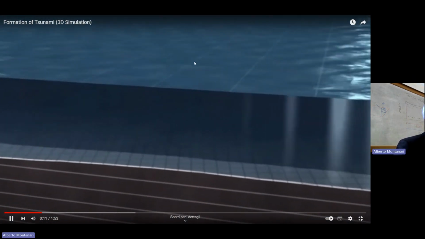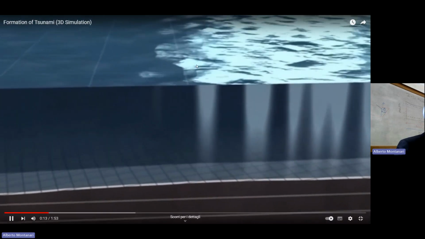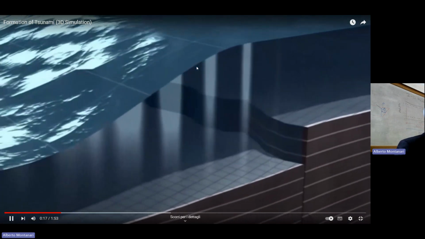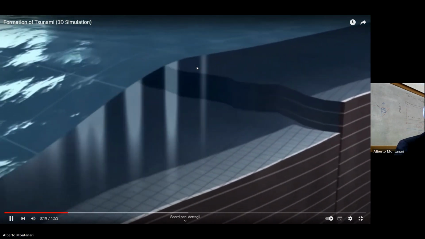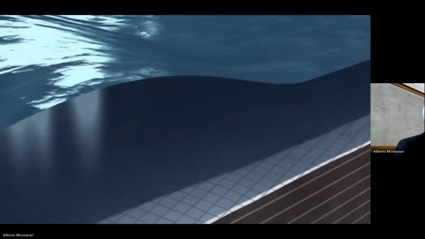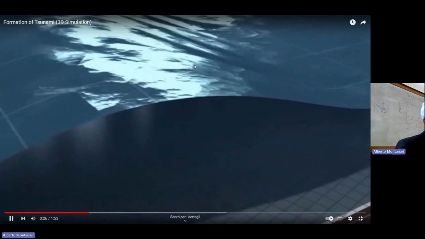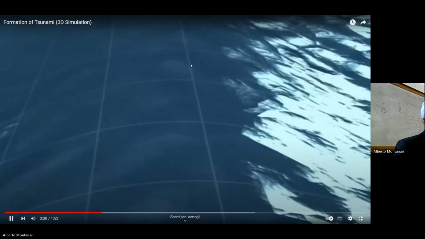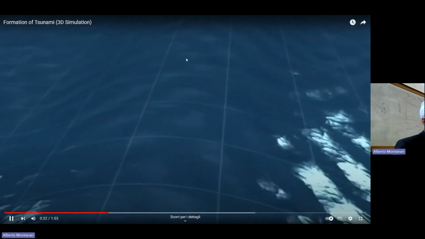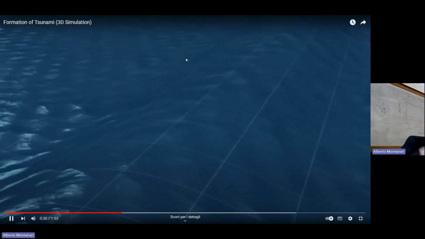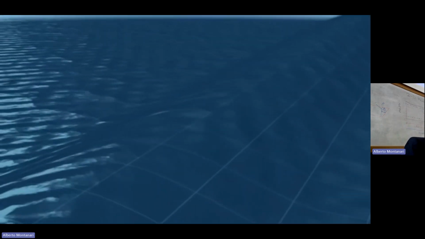This is a numerical simulation of a tsunami. You see here that the amplitude is constantly increasing, because there is a wave coming back that is superimposed with the wave that advances.